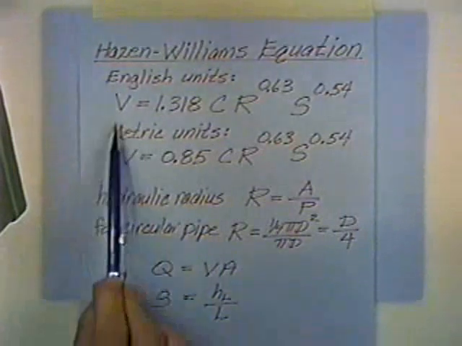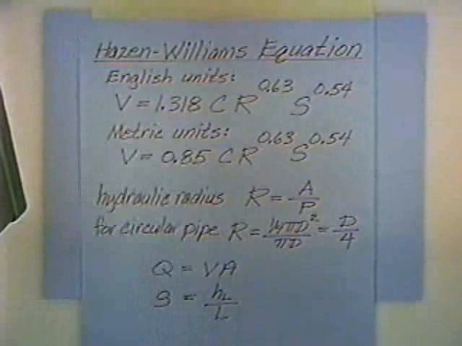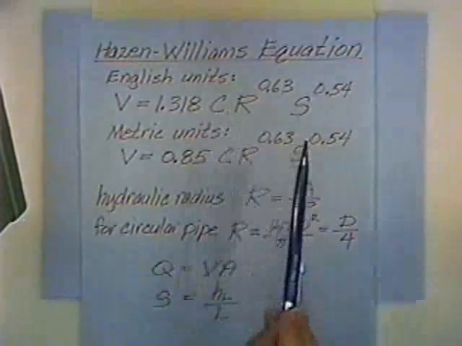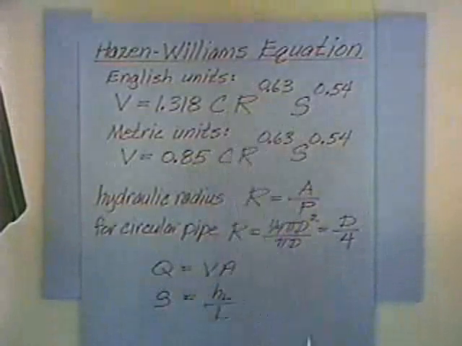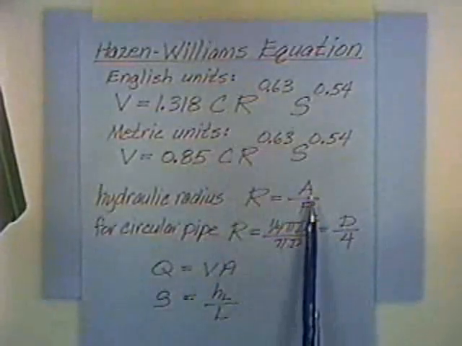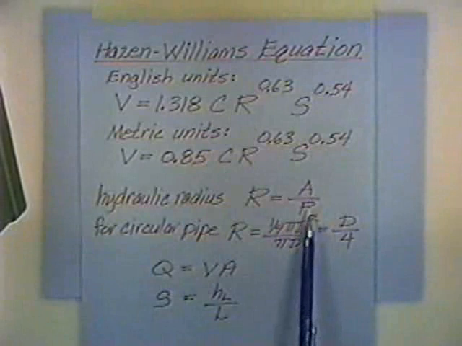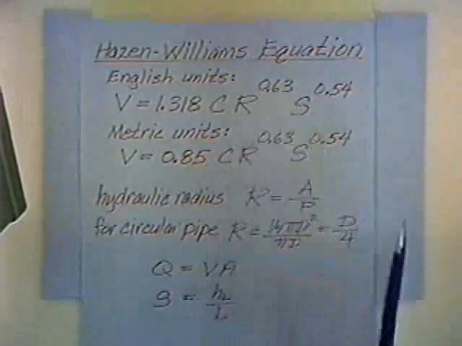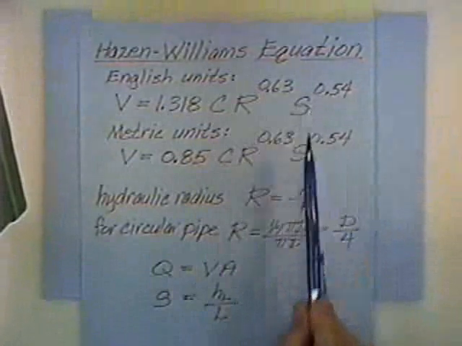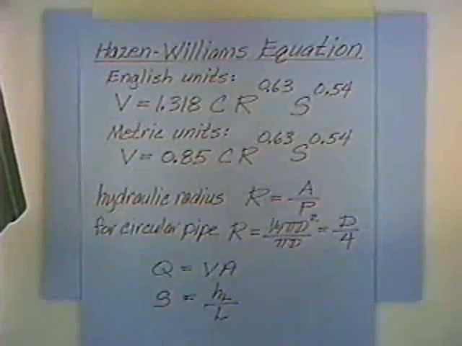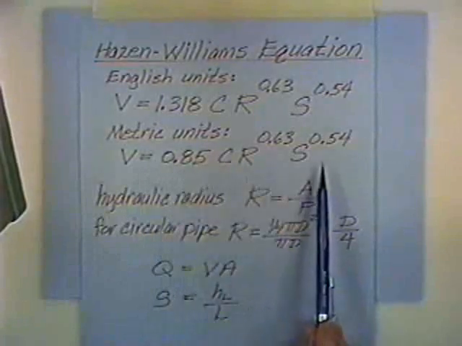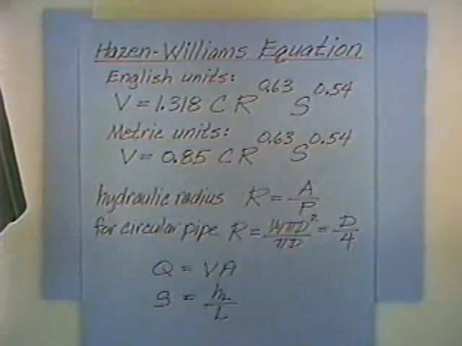So in English units, the velocity is 1.318 times the Hazen-Williams roughness coefficient C times the hydraulic radius, which by definition is the cross-sectional area of the pipe divided by the wetted perimeter of the pipe, raised to the 0.63 power, and then the slope of the energy line raised to the 0.54 power. And then this is just rewriting it in metric units, which means everything's the same except the constant.